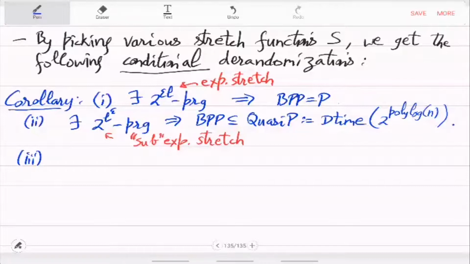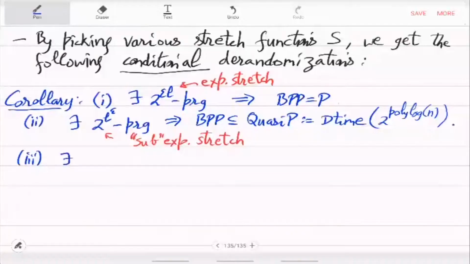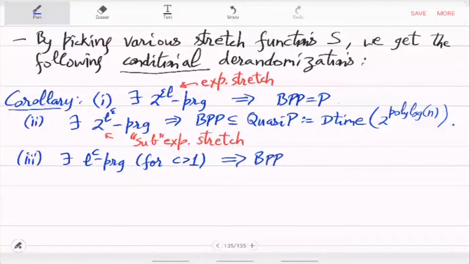And the weakest stretch you can hope for is like quadratic stretch, cubic stretch, polynomial stretch. So if there exists L to the C PRG, for c greater than 1. Then what happens? Even then something happens. So BPP then would be in sub exp, like we defined before.